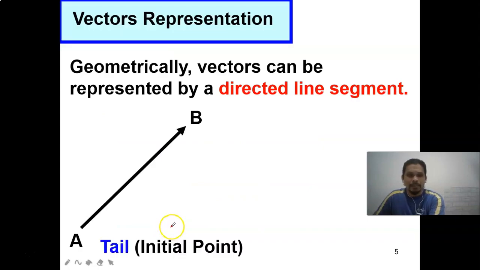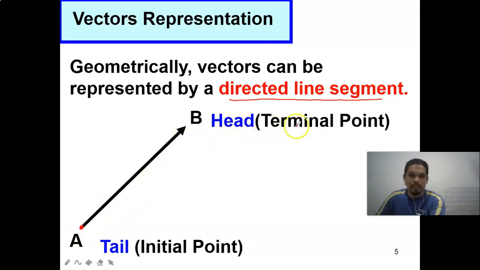So geometrically, vectors can be represented by a directed line segment. As you see here now, we have the beginning, the starting point A, to one point of destination here, from the tail, the initial point, to the head or terminal point. So from A, look at the direction of the head here.